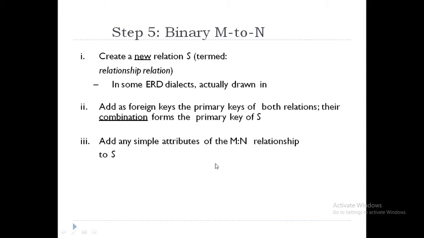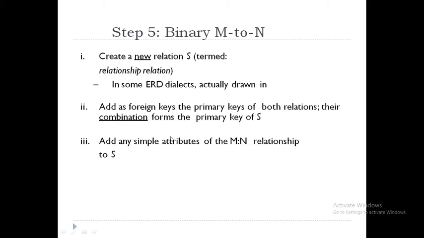Now the fifth step, binary M to N relationship. You are mapping a binary M to N relationship, that is a many to many relationship. In this we use the relationship relation approach. You need to create a new relation, a separate table, and then add as foreign keys the primary keys of both the relations.